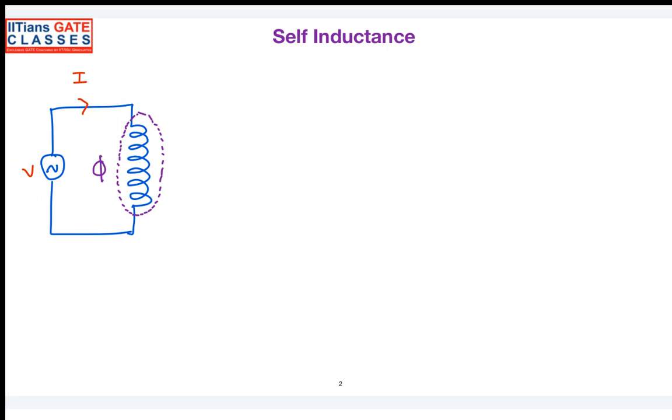Whenever you pass a current, a flux will be generated within this magnetic core. The inductor is basically made up of a magnetic core surrounded by some number of windings, right? Those windings' extremities will be connected to the voltage source. So whatever current you are passing will develop the flux within the magnetic core.